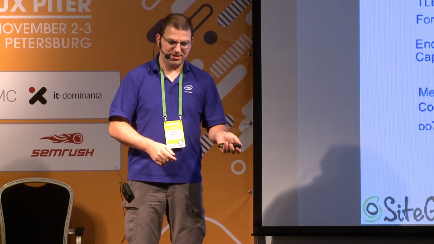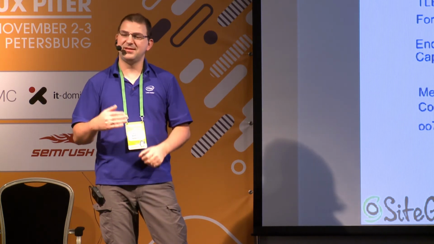Do you have any numbers of performance impact of your mitigation? No, but what I can say is that based on what we have seen on our machines, KPTI is degrading the machines more than our own approach. It depends on the workload. Yes, we didn't do static performance tests.